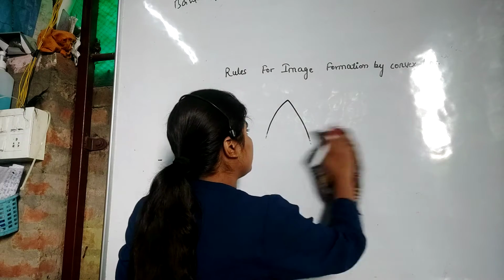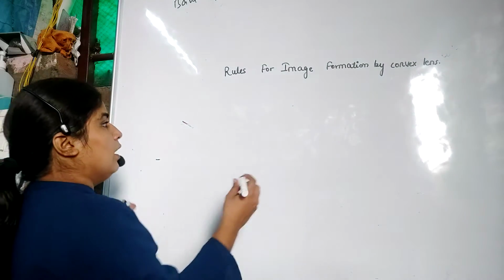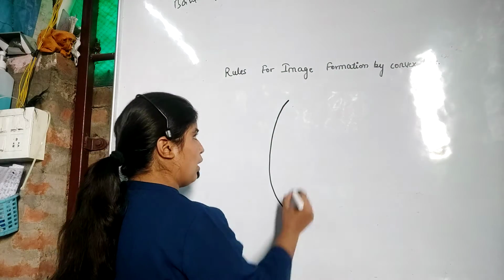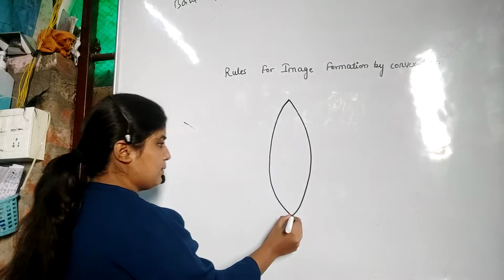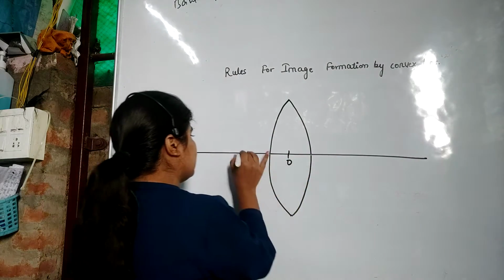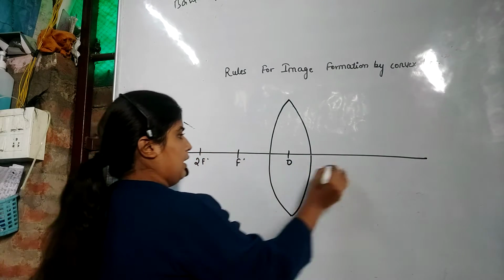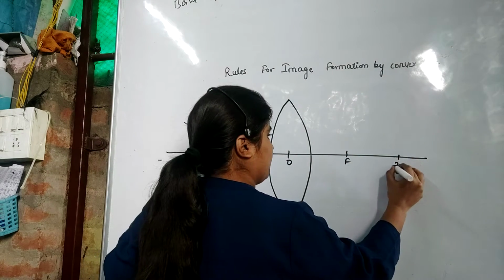Now I am going to the third rule of image formation by the convex lens. Okay, so again I have to draw the convex lens. And this one is the optical center, this one is F dash, 2F dash, and F and 2F.